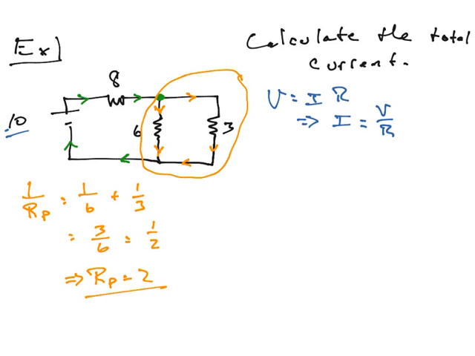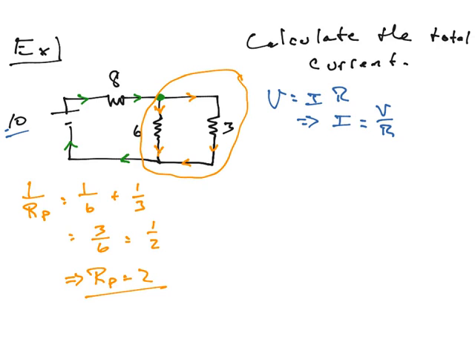Instead of looking at the very complicated original circuit, I'm going to create a brand new circuit, which is much easier, and I'm going to use the information I just discovered. And that information says this yellow part of my circuit, I could replace all of that stuff with one single resistor whose resistance is 2 that I just calculated.